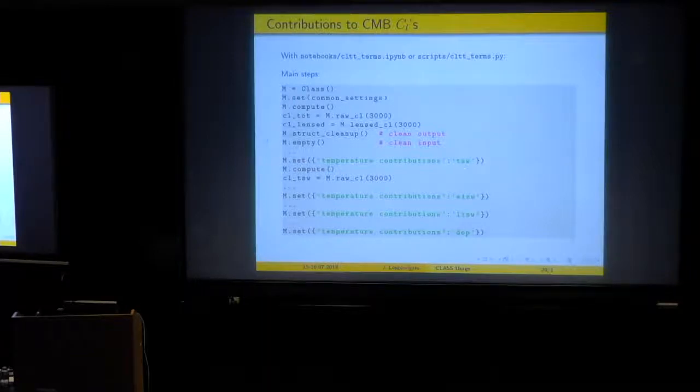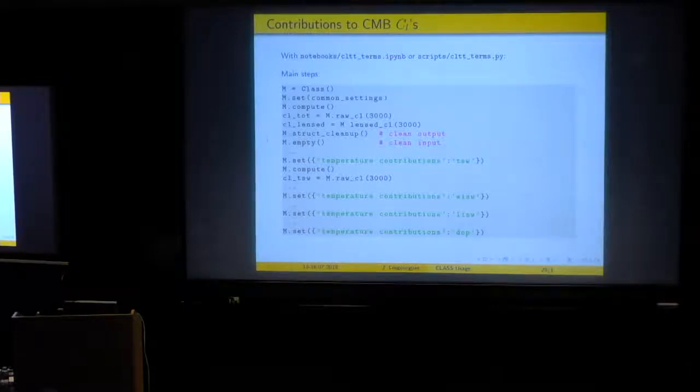And the effects belong to this category: temperature and Sachs-Wolf, early integrated Sachs-Wolf, late integrated Sachs-Wolf, Doppler, and there is a fifth one called Pol for polarization. And if I would put the list of the 5 here separated by comma, TSW, comma, EISW, comma, etc., I would get the same as before.